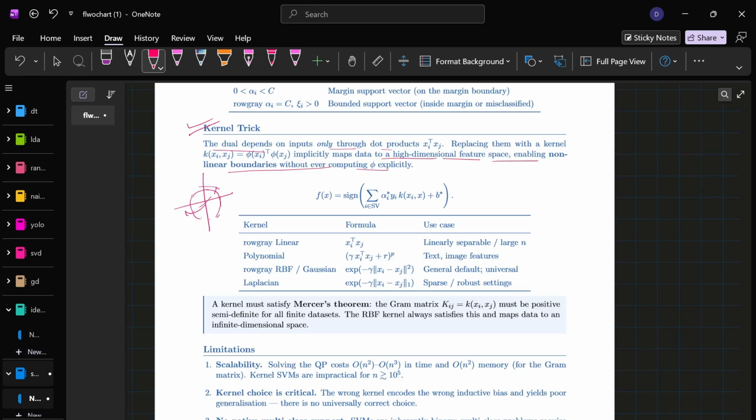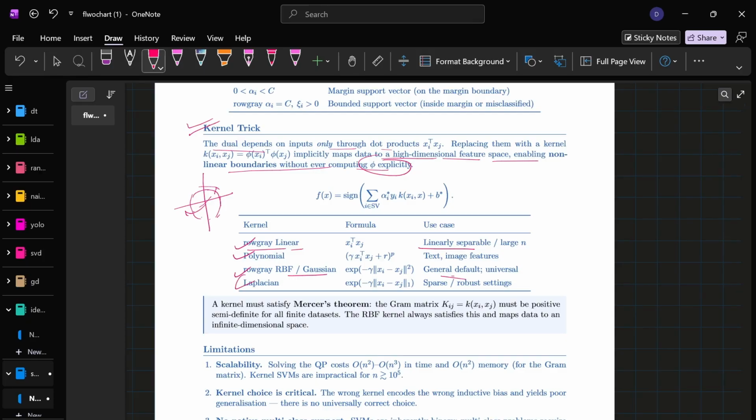And the best part is SVM does not explicitly compute the high dimensional mapping. This is called the kernel trick. Some of the most common kernels are the linear kernel, which we use for linearly separable data, then the polynomial kernel, and the RBF or Gaussian kernel, which is the most used and is written in exponential form.